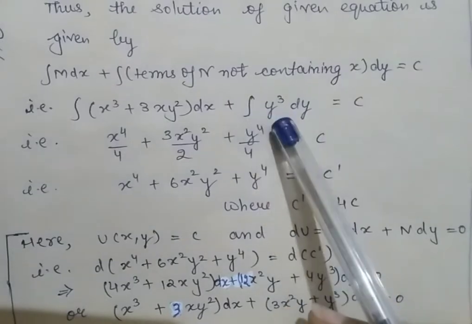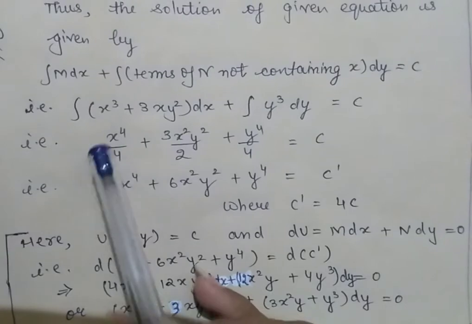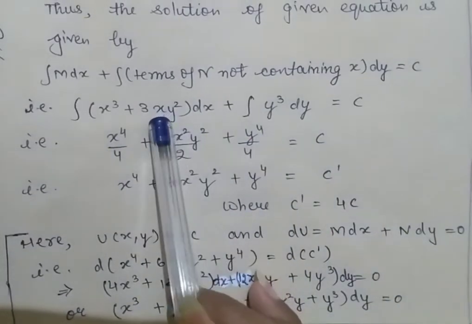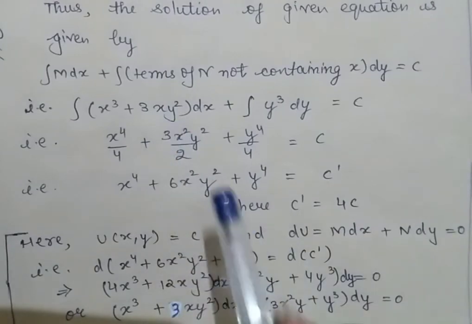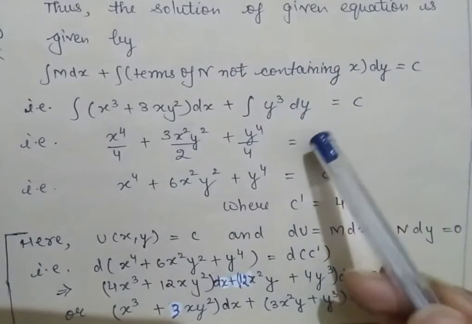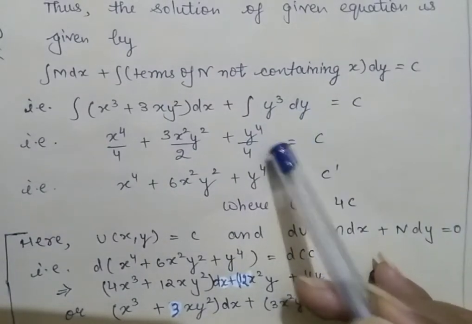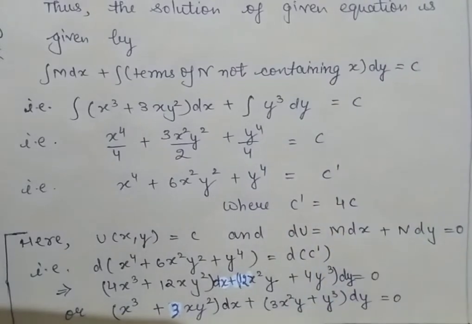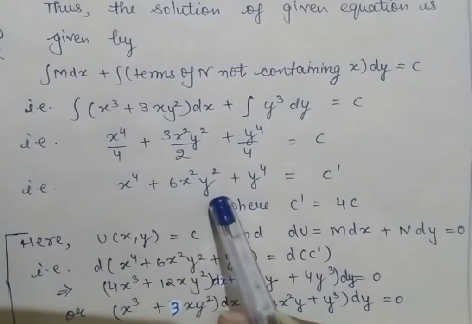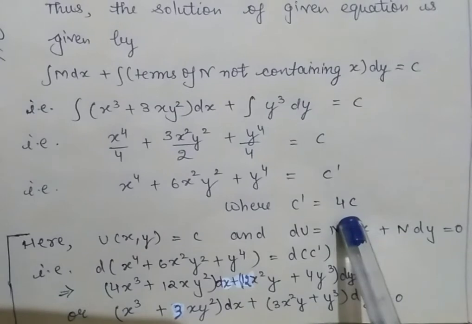So integral y cube dy equal to c. Now we integrate, that is x power 4 by 4 plus, we are integrating with respect to x, so y will be constant, 3x square y square by 2, plus integral of y cube dy is y raised to the power 4 by 4 equal to c. Now we take LCM. So this is x raised to the power 4 plus 6x square y square plus y raised to the power 4 equal to c dash, where c dash is a constant multiple of c.